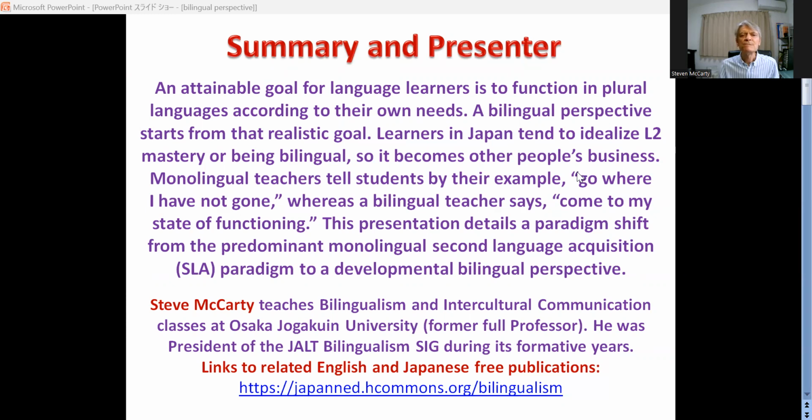A developmental perspective starts from the student's point of view, from the language and cultural repertoire they bring. It's not just focusing on the target language, but on where the students are, pointing towards becoming more bilingual.